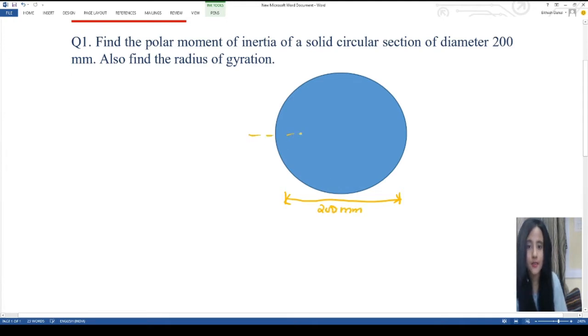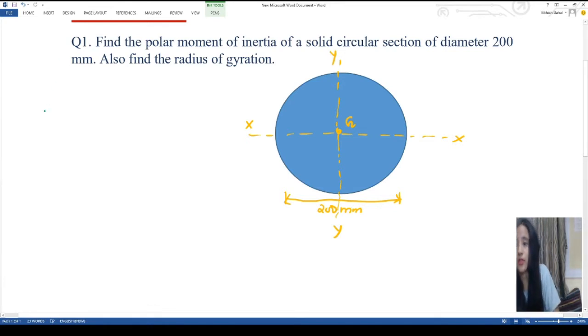Let the x-axis of this solid circular section pass from here, and the y-axis from here. So this is my centroid G. Now we are asked to find the polar moment of inertia and the radius of gyration.